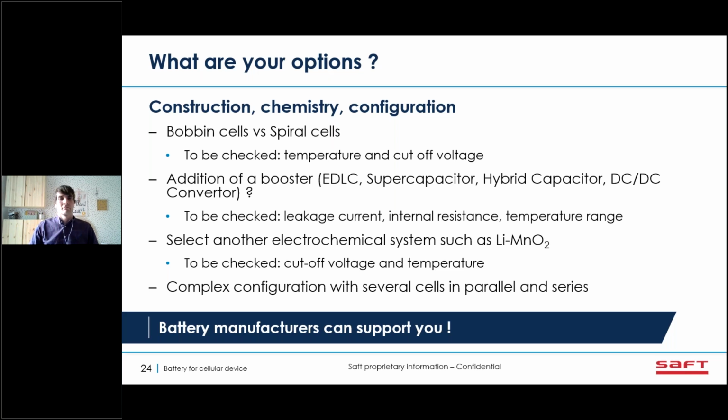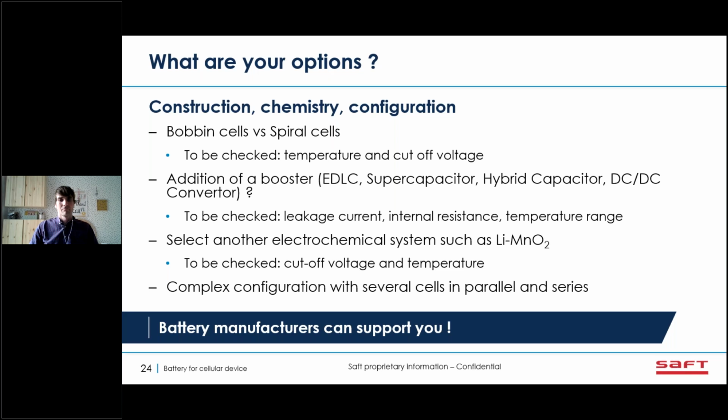You can also select another electrochemical system, such as lithium manganese dioxide, for example, which is spiral construction, much more powerful. But in this case, you will need to check the minimum voltage of your application and the temperature. Lithium manganese dioxide is a little bit more difficult than thionyl chloride at extreme cold temperature.